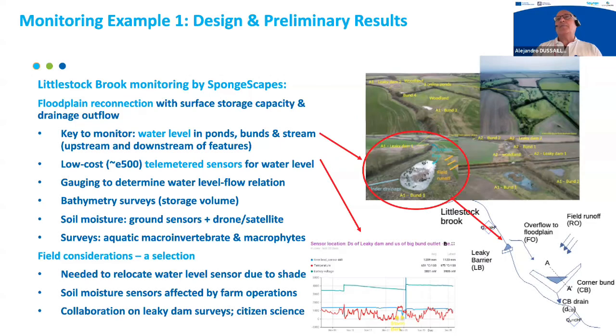This is a project that was spearheaded actually by an NGO, Wild Oxfordshire, and there's many ways where we are looking to collaborate, for example, on the monitoring of biodiversity, and with other researchers, which, for example, recently did a terrestrial laser scanner survey of the woody leaky dam.